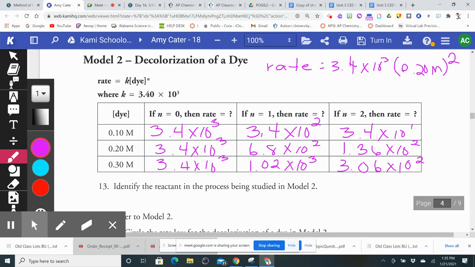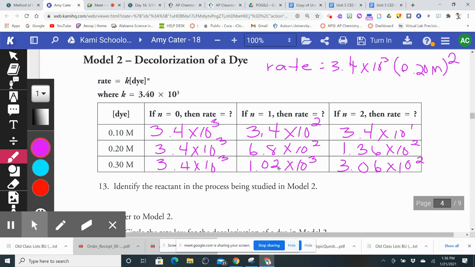Alrighty, here's what I got. On the first column, it stayed the same all the way down: 3.4 times 10 to the third. On the second column, it should double. Well, no, the first two should double. So 3.4 times 10 to the second power, double that, you get 6.8 times 10 to the second power.